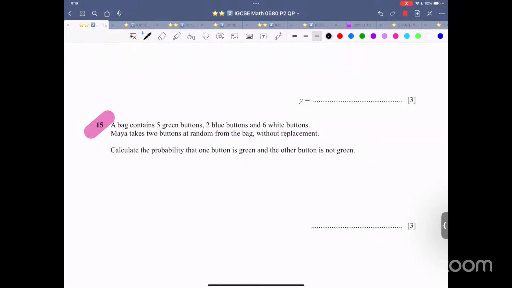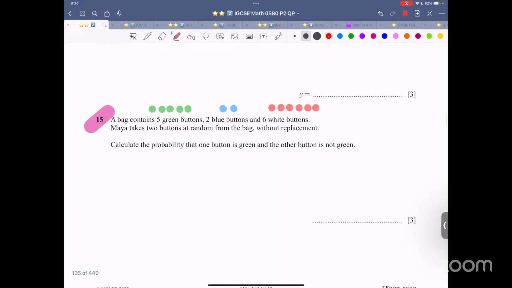So let me write it like this. 1, 2, 3, 4, 5. That was a half button, let me draw it full. 5 green buttons, 2 blue buttons, and white, I cannot label it, so let me just work it out with red. 6: 1, 2, 3, 4, 5, 6.